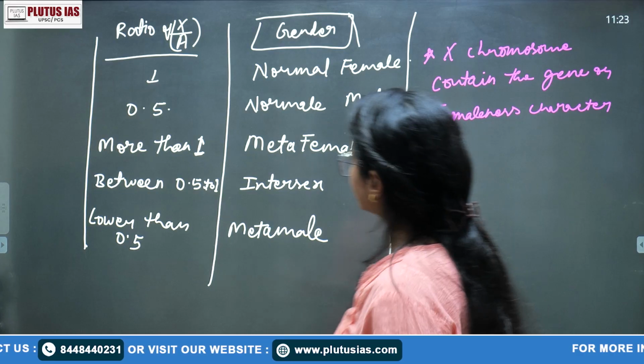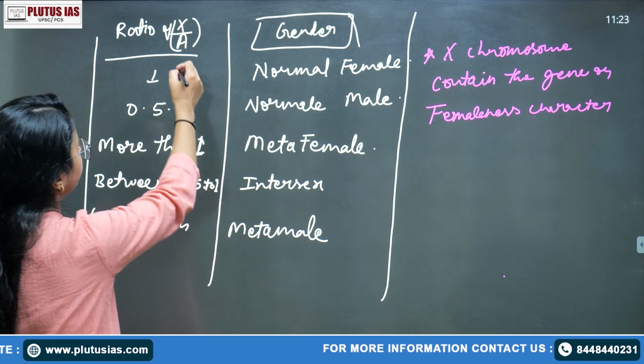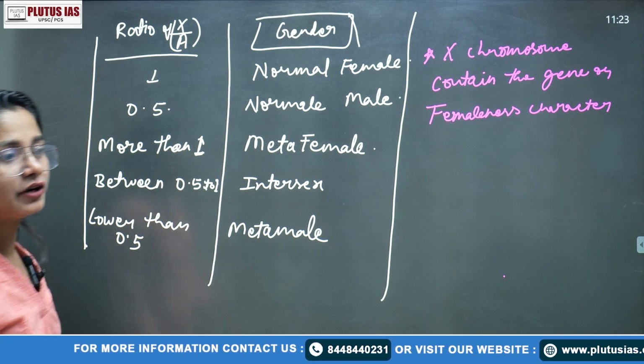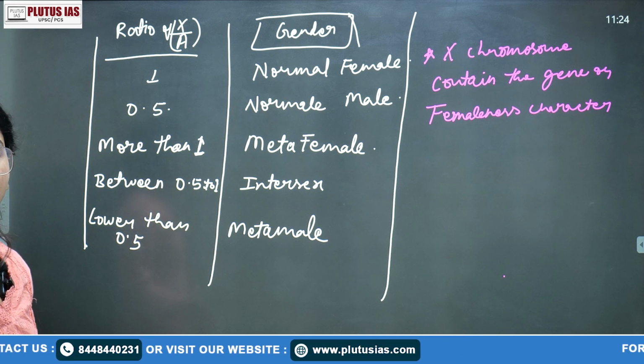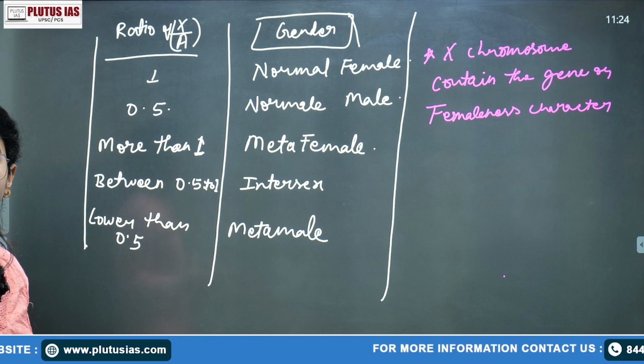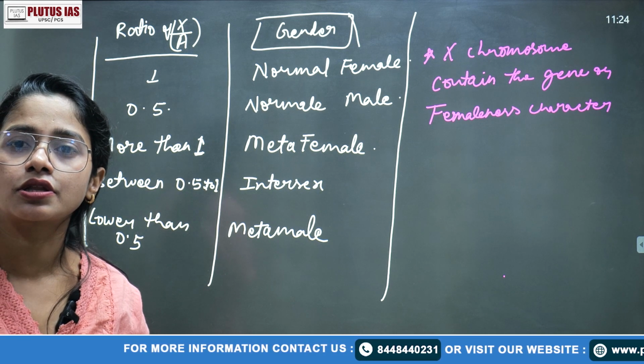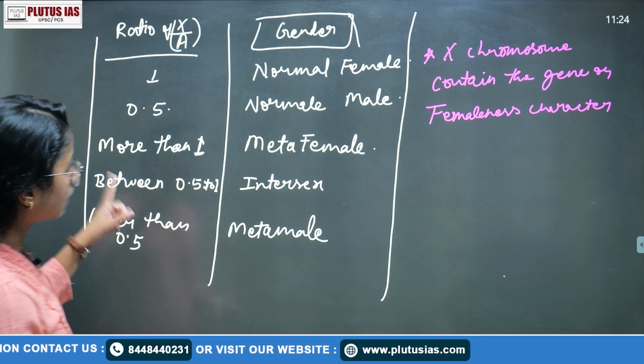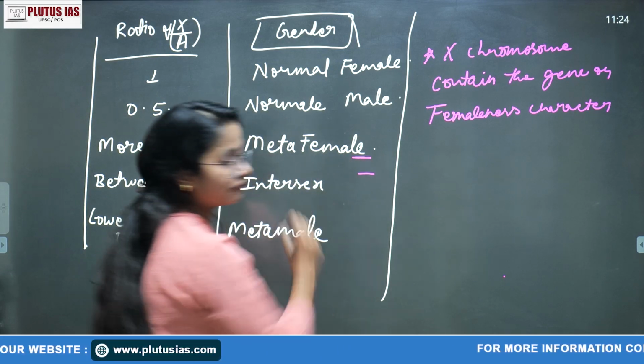Because as the X ratio becomes high, suppose the number of X chromosomes is 3 and the autosomes is 2. Then 3 to 2 is equal to 1.5. So 1.5 is creating the meta female, right?